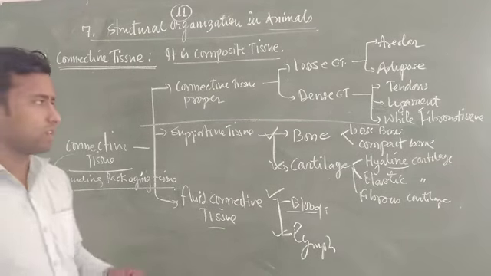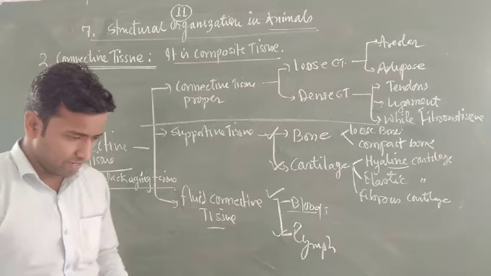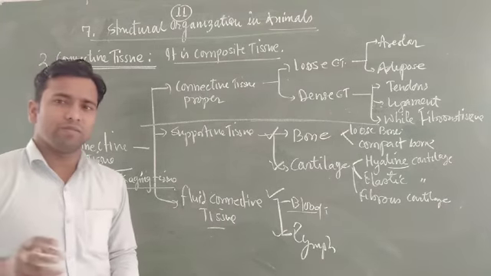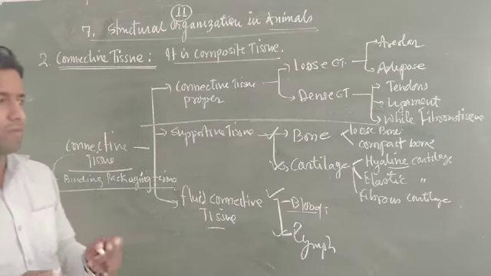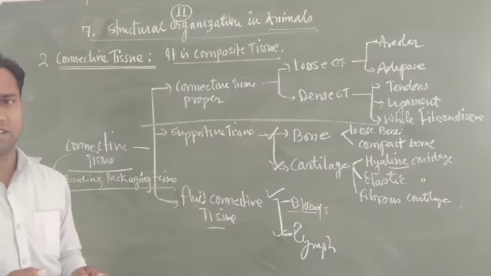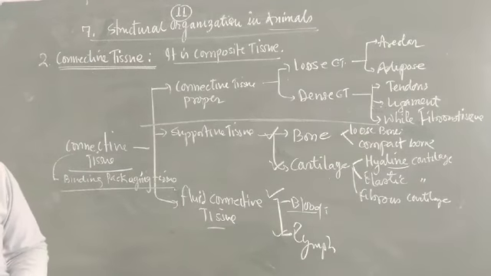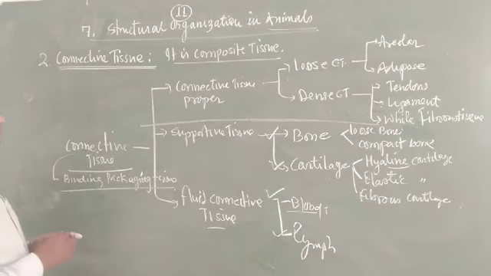You know that it has three components: matrix, fibers as well as cells. The cells are not involved, but the filaments, like fibers, help in the binding of the cells. So one important function is binding and packaging, and it has many other important functions as well.